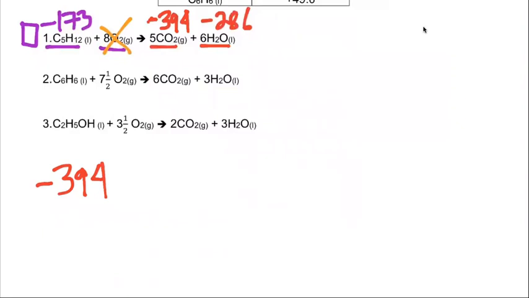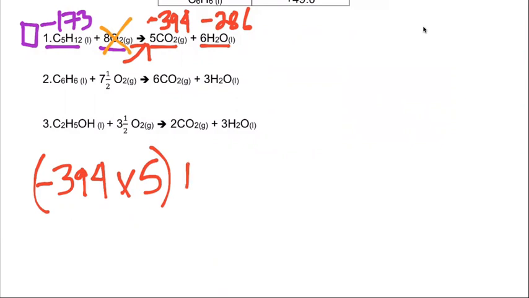So that value is only for 1 mole. In our equation, there is a 5 coefficient in front of CO2. That means there are 5 moles in our reaction. So this negative 394 needs to be multiplied by 5. So you always multiply your enthalpy of formation value by your coefficient for that substance in your equation.